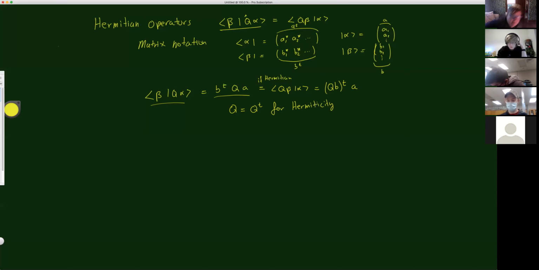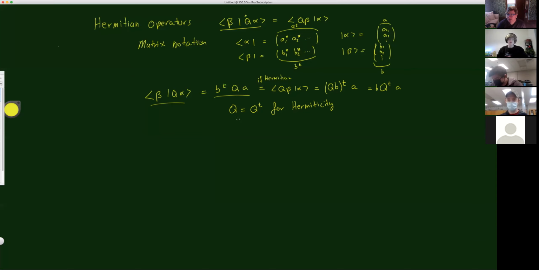So this is the same as saying that this guy here is going to be Q dagger B A. Remember, you have to switch them around, and so Q dagger has to be equal to Q for Hermiticity.